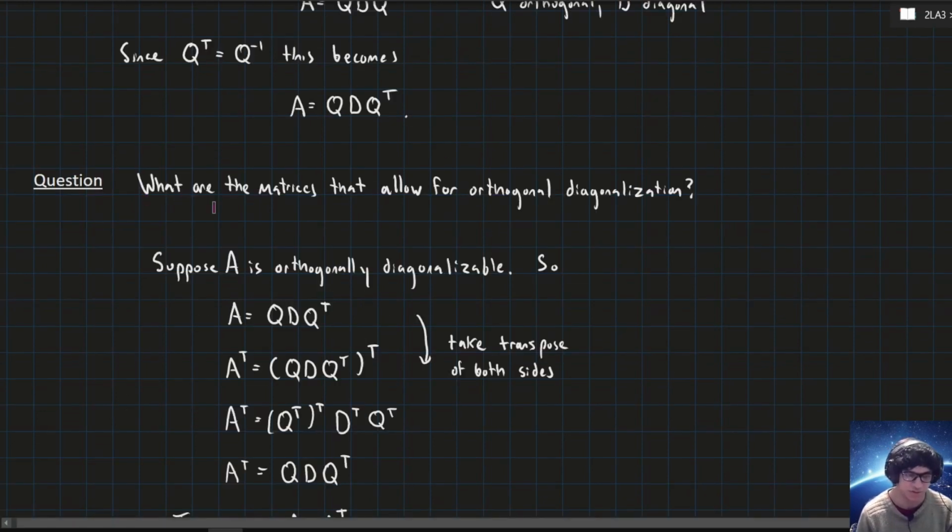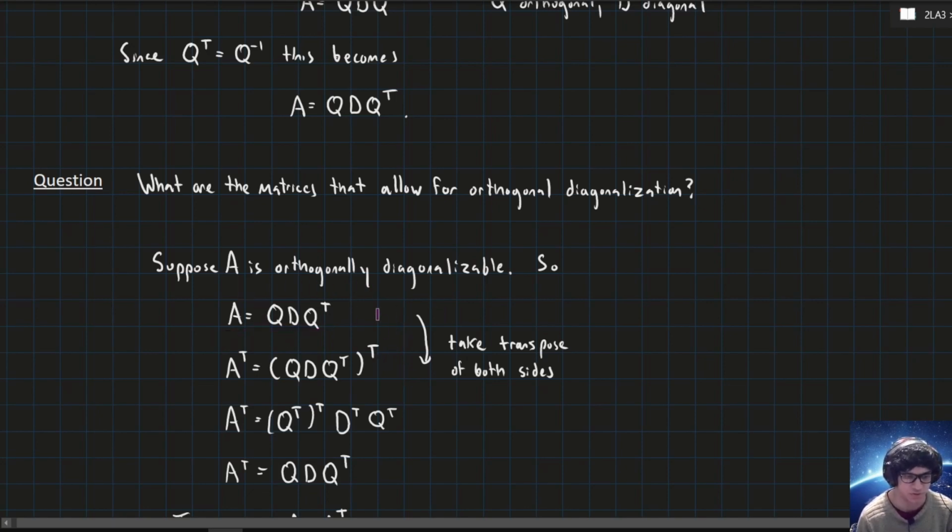So the next obvious question is, what are the matrices that allow for orthogonal diagonalization? It's actually pretty straightforward to answer this. Suppose that A is orthogonally diagonalizable, so we have this expression with Q orthogonal.